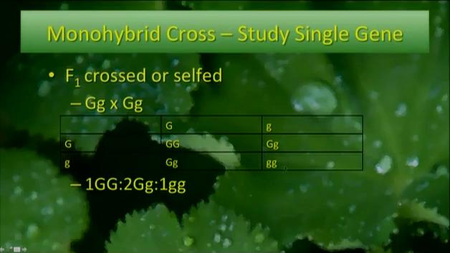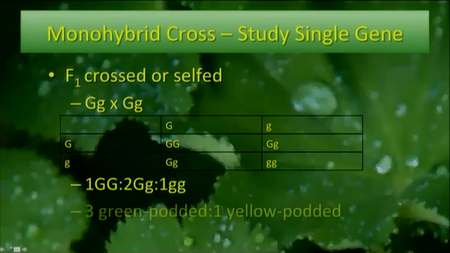So what does that tell you in terms of what they'll look like? If there's an uppercase letter present, it's going to look like the dominant trait. You'll have 3 green podded plants to 1 yellow podded plant in the F2, or a 3-to-1 ratio.